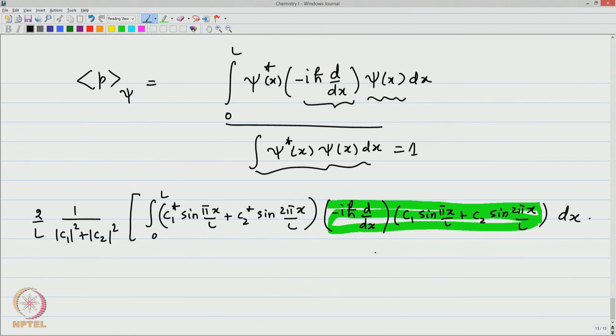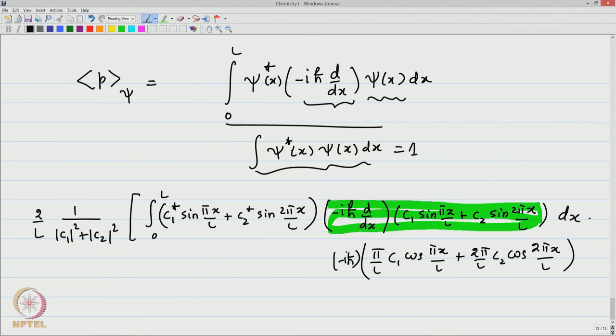So, you know that this will give you pi by L times C1 cos pi x by L, and the other will give you plus 2 pi by L C2 cos 2 pi x by L. That would be the derivative, again multiplied by minus i h bar. So, this is the effect of the momentum operator on the wave functions.